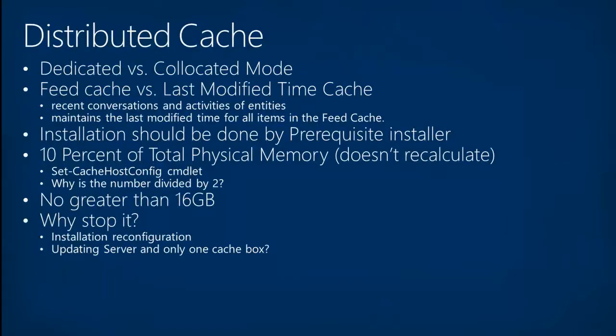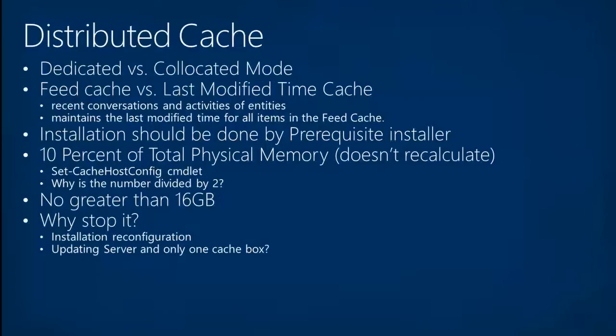And as that memory starts to get committed, we can actually go in and set or modify it, but it doesn't recalculate by itself. So if I change the server memory and I'm trying to grow it up to a higher number, I have to actually go back in and run a series of cmdlets to modify that. So I can do the Set-CacheHostConfig cmdlet, and that way I can also decrease it.